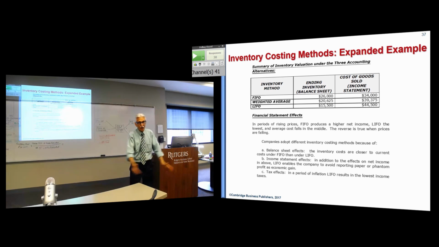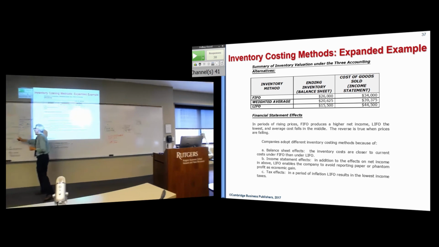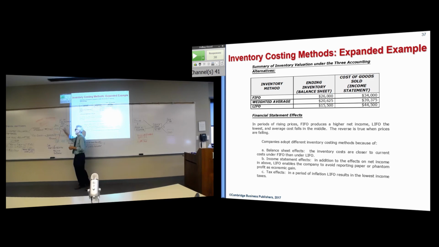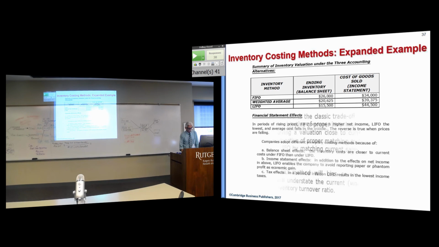And now we've swung the other way. Now we're saying, I think we better come up with a more reasonable balance sheet valuation. This doesn't apply to inventory because we've got this tax issue, but the newer standards are coming with a balance sheet emphasis.